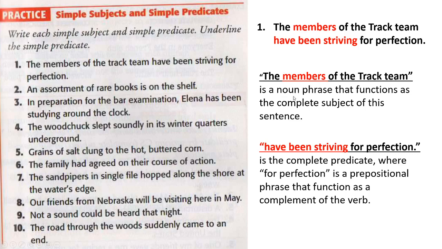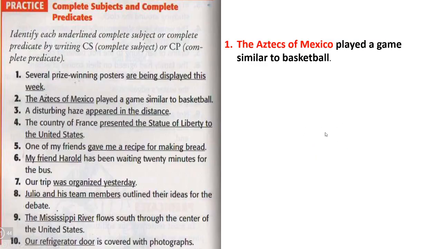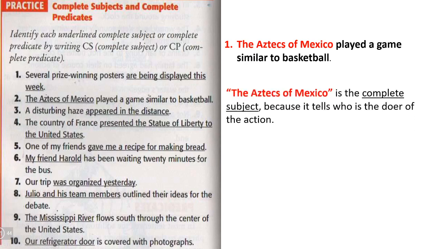And what I've said is just repeated there. The same with the complete subjects and complete predicates. The Aztecs of Mexico: you include all the accompanying words to the keyword, in the subject and in the predicate you do the same.